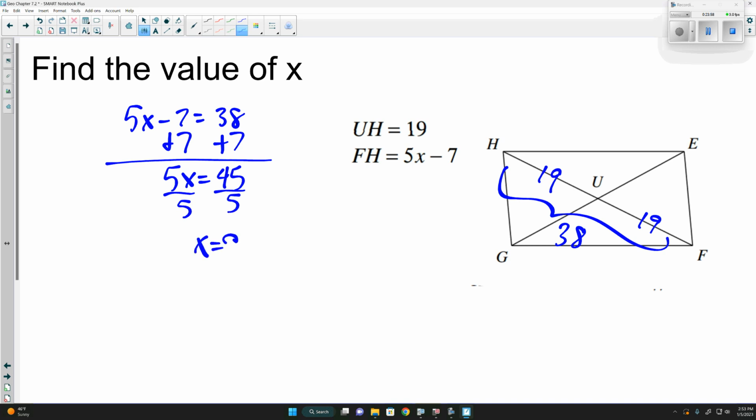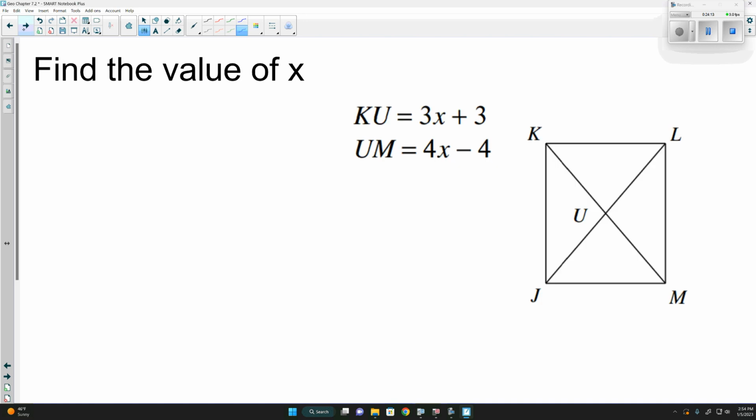So x is 9. Any questions on this here? I believe this here is the last one, yes?